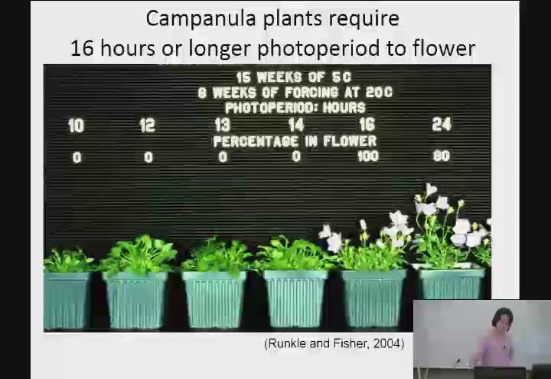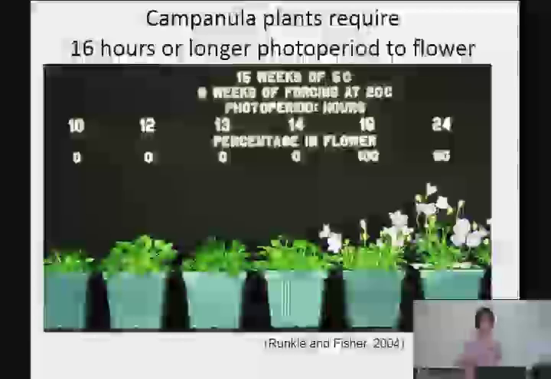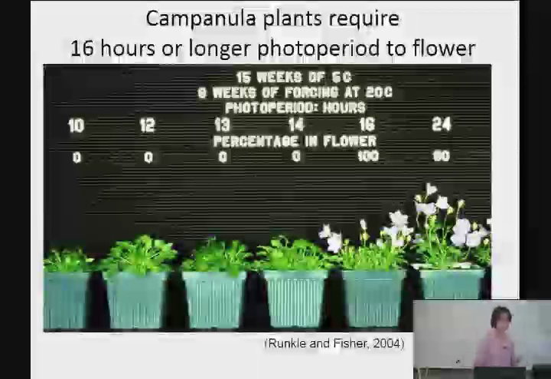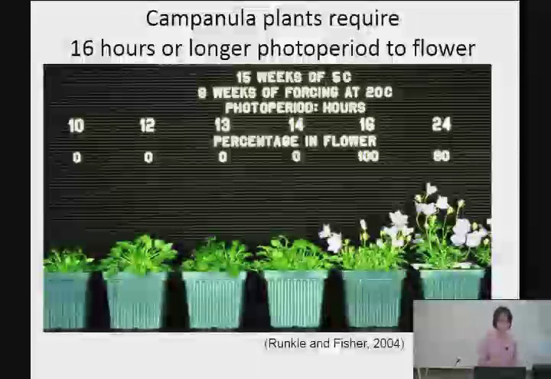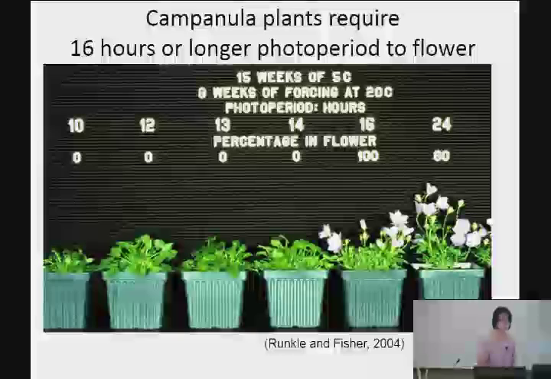But anyway, this is a Campanula. This is a perennial crop, so the process involves not just one year, but multiple years. But when you need to trigger flowers of Campanula, you have to play with photoperiod.